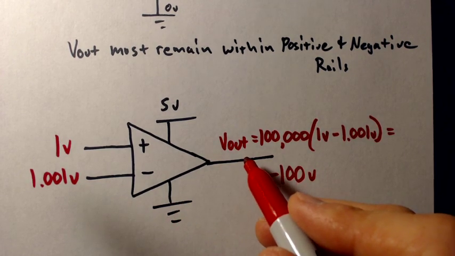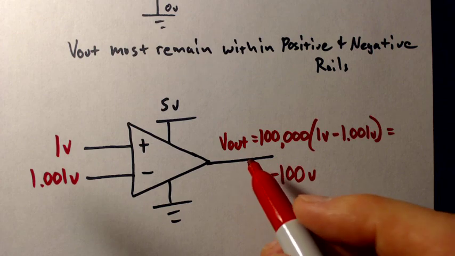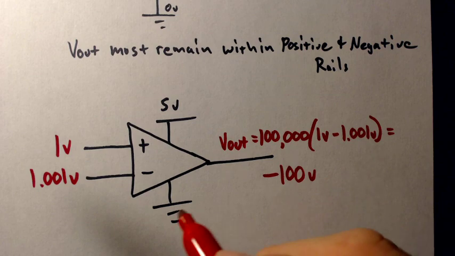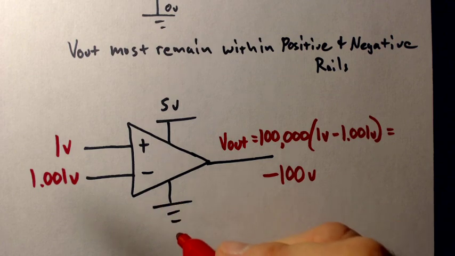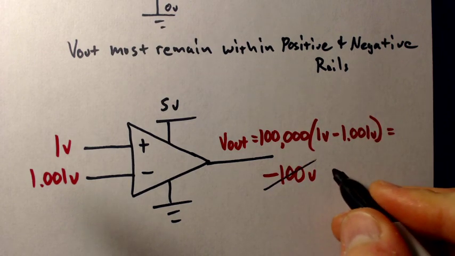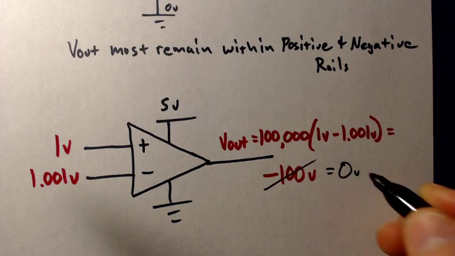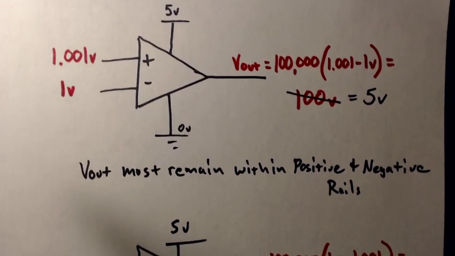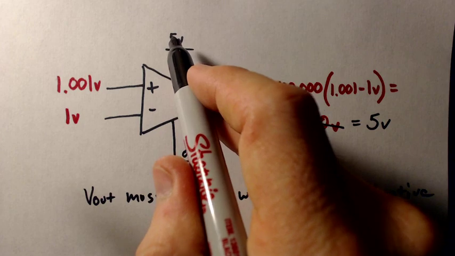Remember, I said the output has to stay within the positive and negative rails. Minus 100 volts is clearly well below 0 volts. So that means our minus 100 volts is actually 0 volts. It's as low as it can go, or it's as high as it can go.